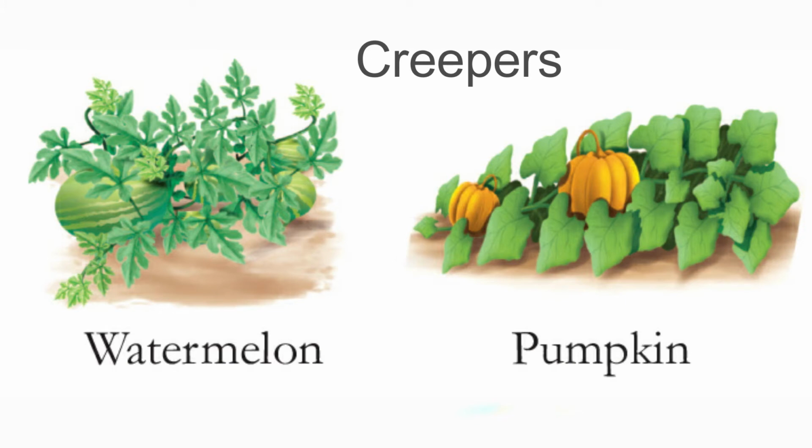They are all produced by creepers, and that explains why they are not able to climb. They're quite heavy fruits, right? So those are the classifications of plant life: trees, shrubs, herbs, climbers and creepers.